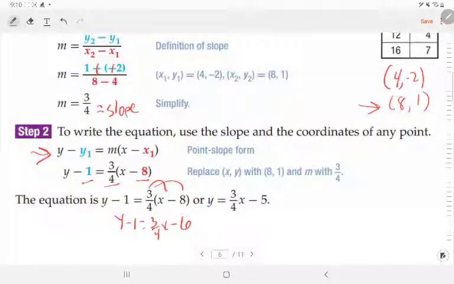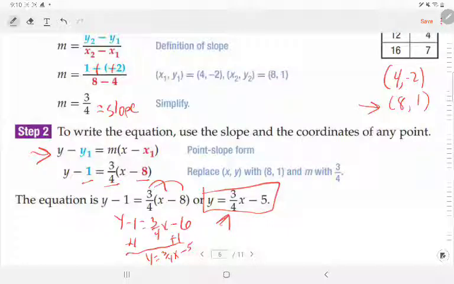Then I would have to do the opposite operation of subtracting 1, so that would be adding 1 to both sides of the equal sign, and that's going to give me what I have right here. y equals 3/4 x minus 5. And that would be my line. Okay?